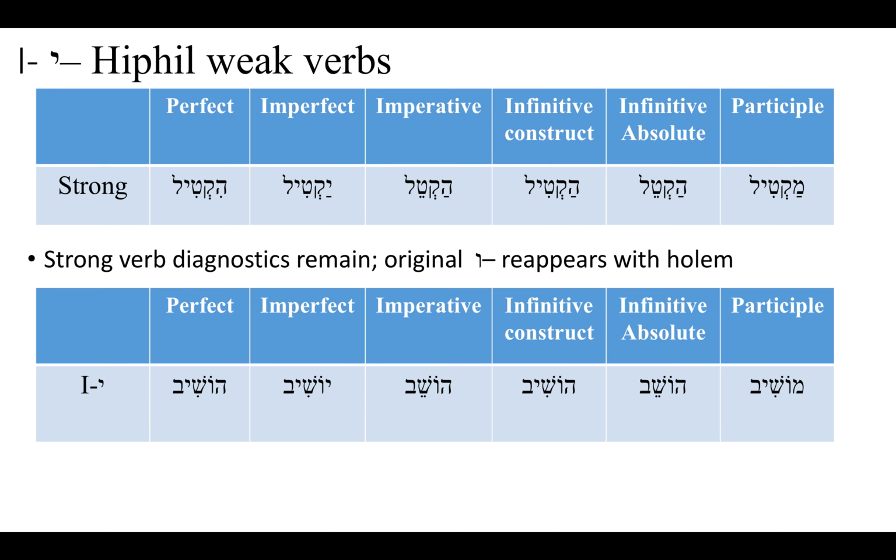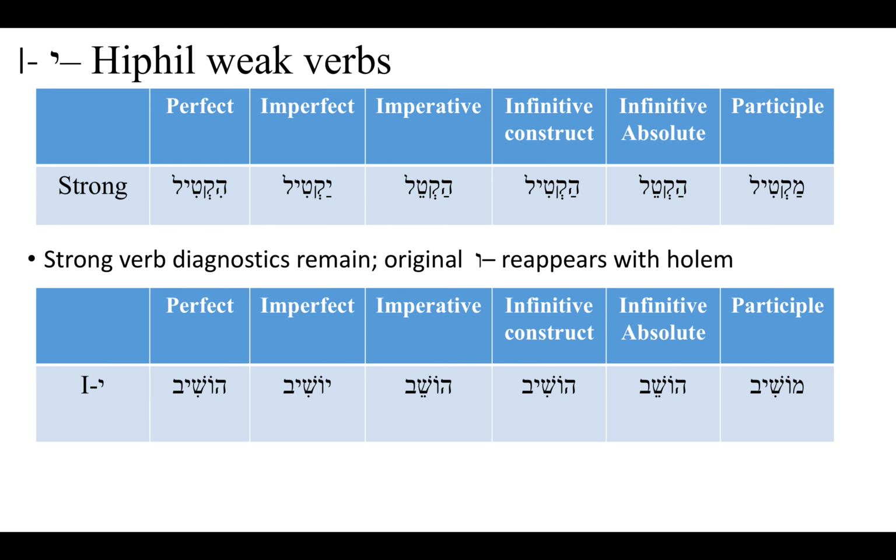So in the imperfect we have yoshiv. We still have that hirek yod there in the middle, but we have this holem vav now as the stem vowel instead of the patach that we have in the strong form. Imperative also, we have hoshev. We have the hey prefix there, but the vowel with the hey is changed to the holem vav. Same with infinitive construct. The holem vav shows up also with infinitive absolute, and then the participle as well.